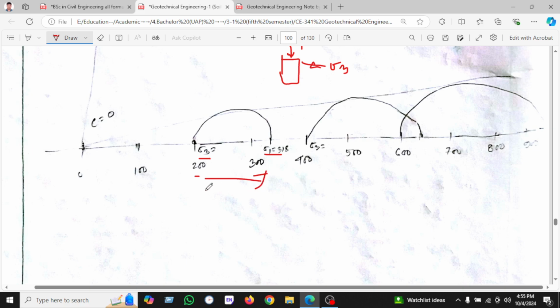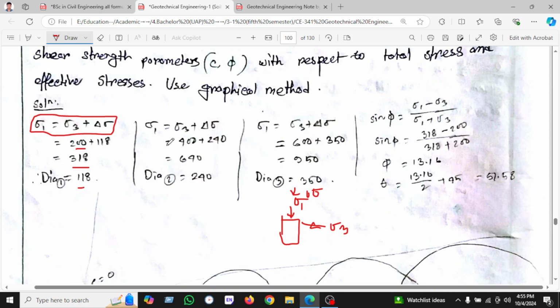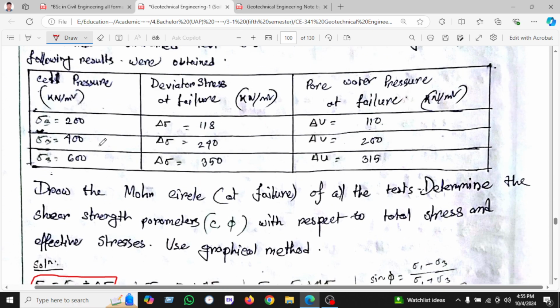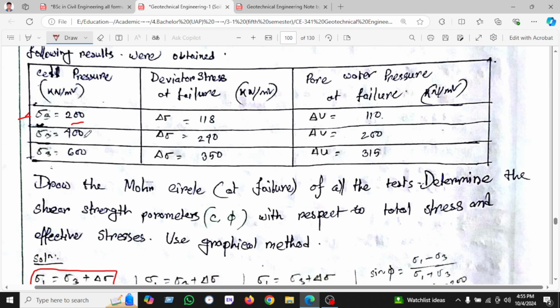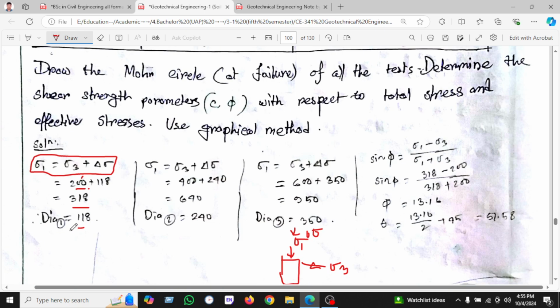Then we can find delta sigma, or the diameter, which is 118. This is based on the first information. We know sigma 3, and delta sigma is 118, and find the diameter.